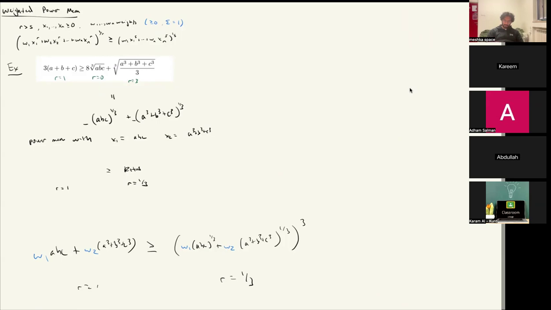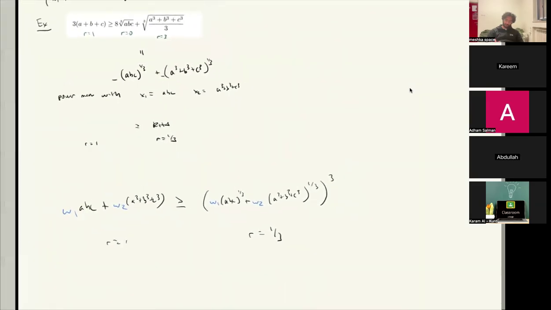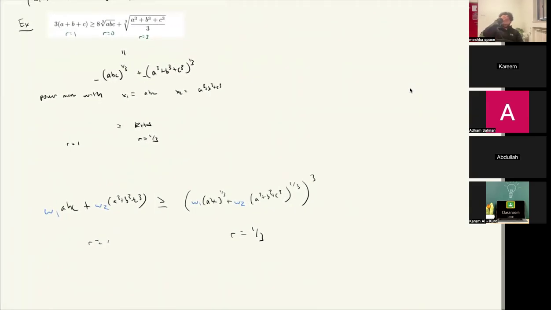Why does this help us? We have to figure out what the weights are, but it helps us because this inequality is the same thing as 27(a plus b plus c) cubed being greater than or equal to this: 8 cube root of abc plus cube root of (a cubed plus b cubed plus c cubed over 3) cubed.